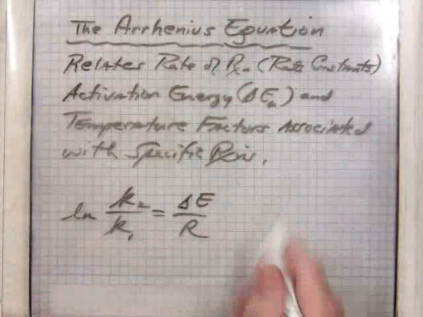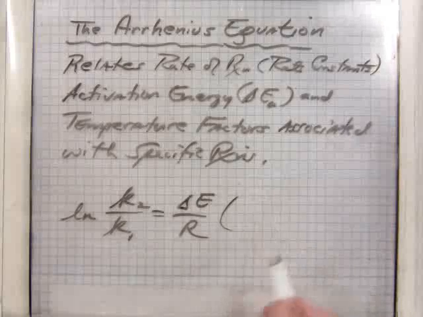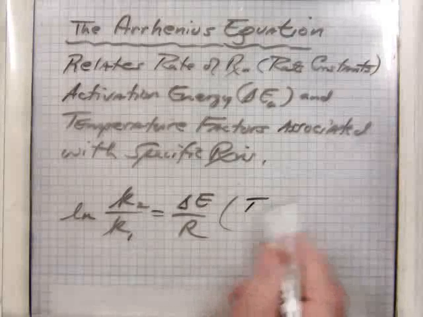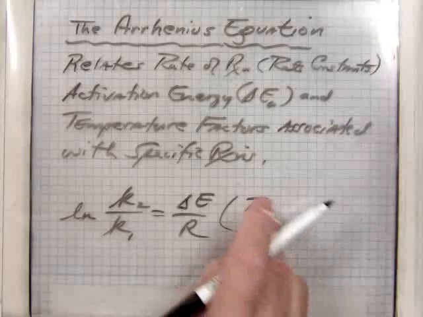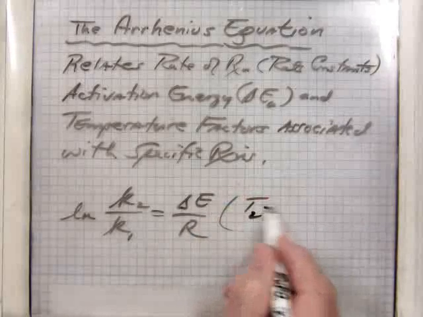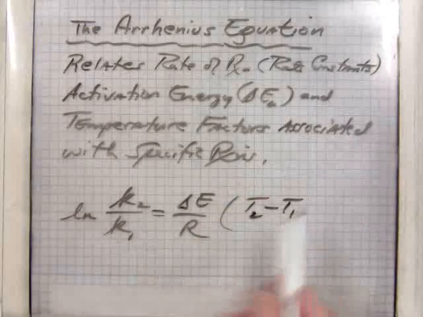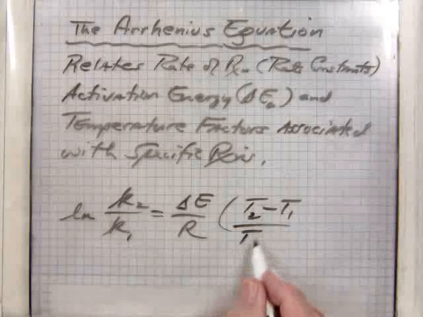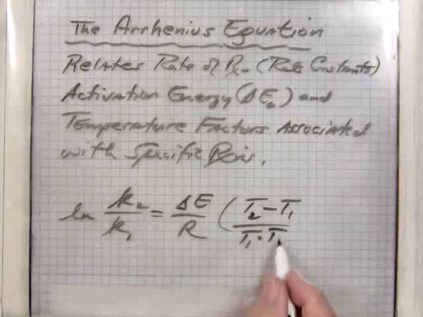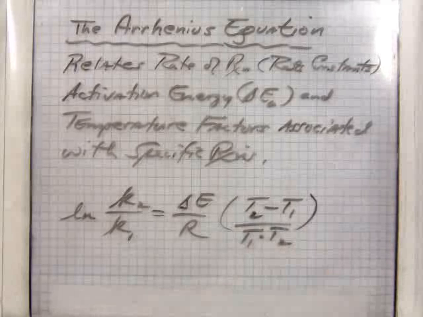I'll write that out here in a minute. And it is related to the ratio of Kelvin temperature 2 minus temperature 1, divided by T1 times T2. And so that's the Arrhenius equation.